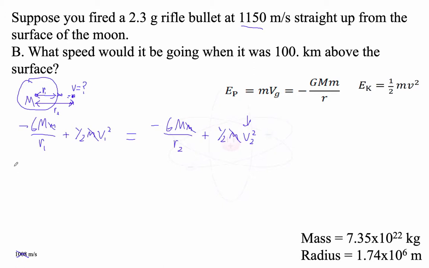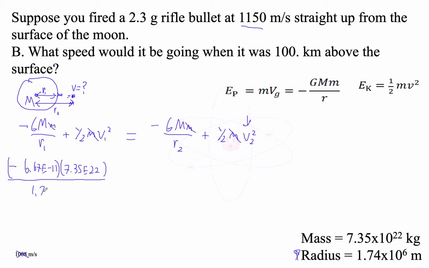So, okay, so let's see, minus 6.67 e minus 11 times 7.35 e22 over, and then we start from the surface, which is this, right?